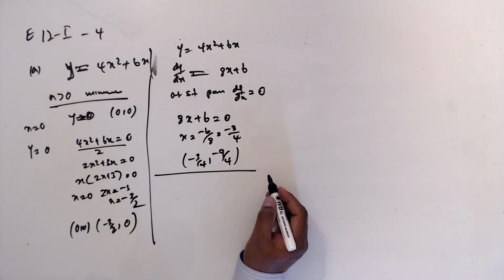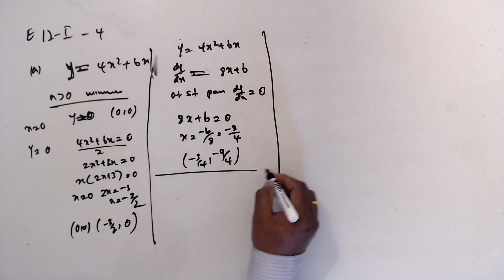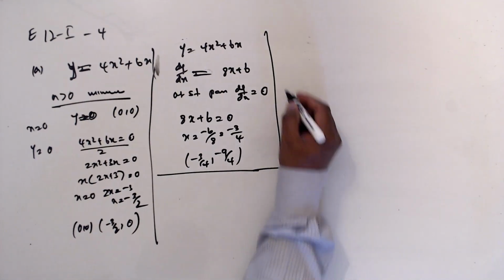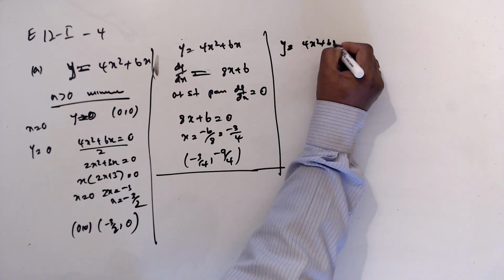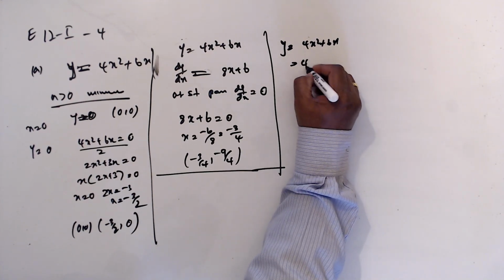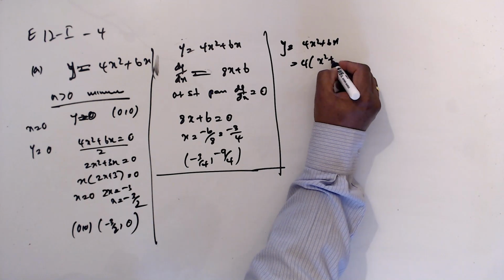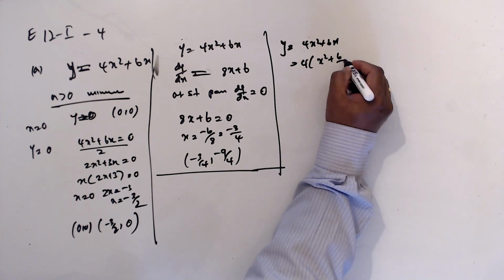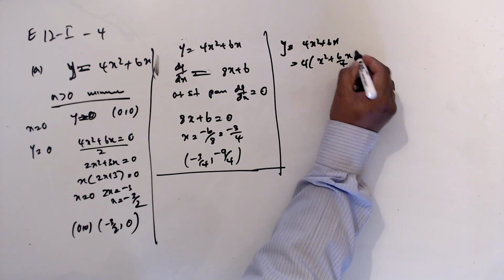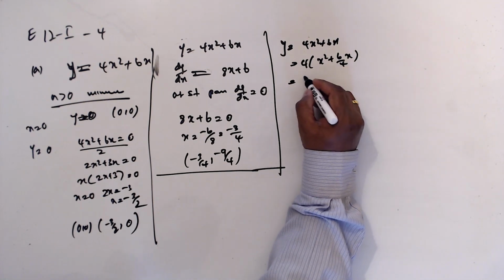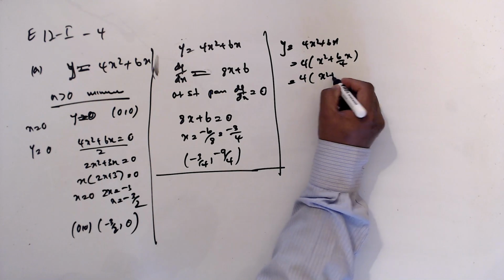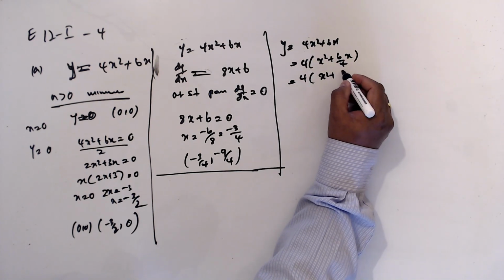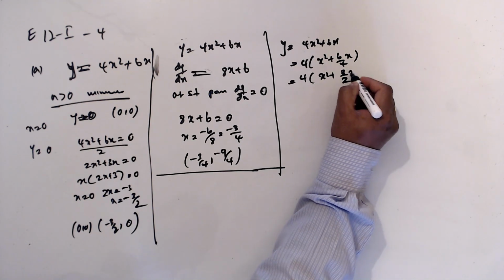Now we found the minimum. So what is the other method we can do? This is only for quadratics: completing the square. When we take 4 out, this is x squared plus 6 divided by 4 x, that is 3 over 2 x.